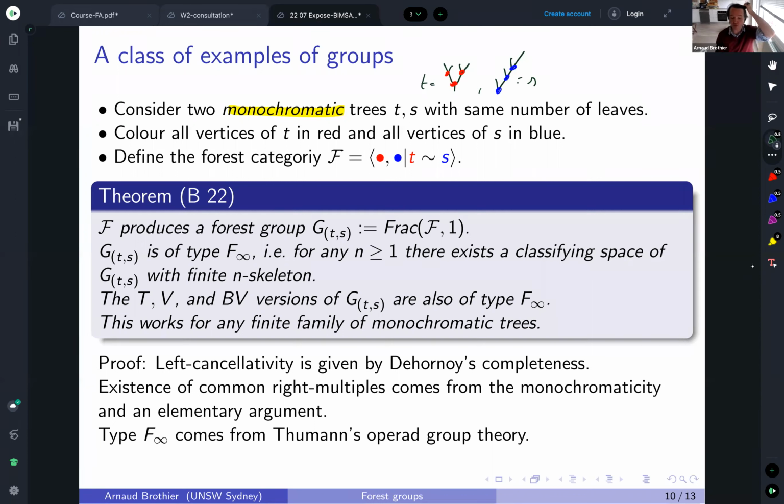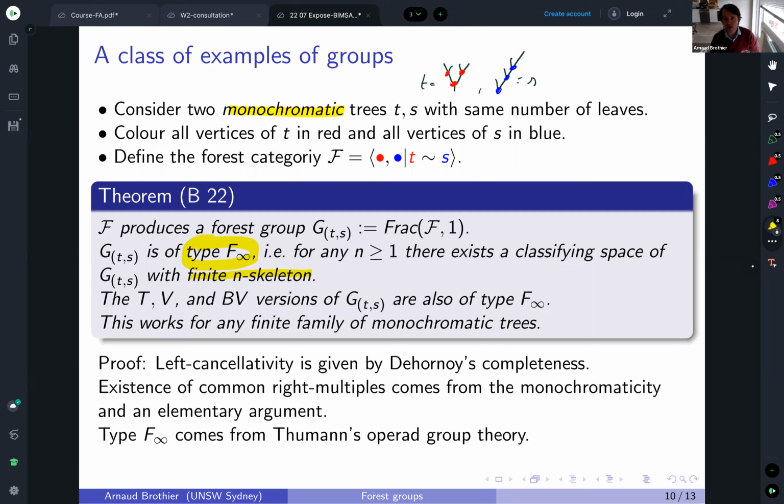All right, so you get a group. Nice. Is it an interesting group to look at? Well, it is. It is of type F infinity. So what does that even mean? It means that for any n, you can find a classifying space of this group such that it has a finite n-skeleton. It means that up to dimension n, there are finitely many cells.